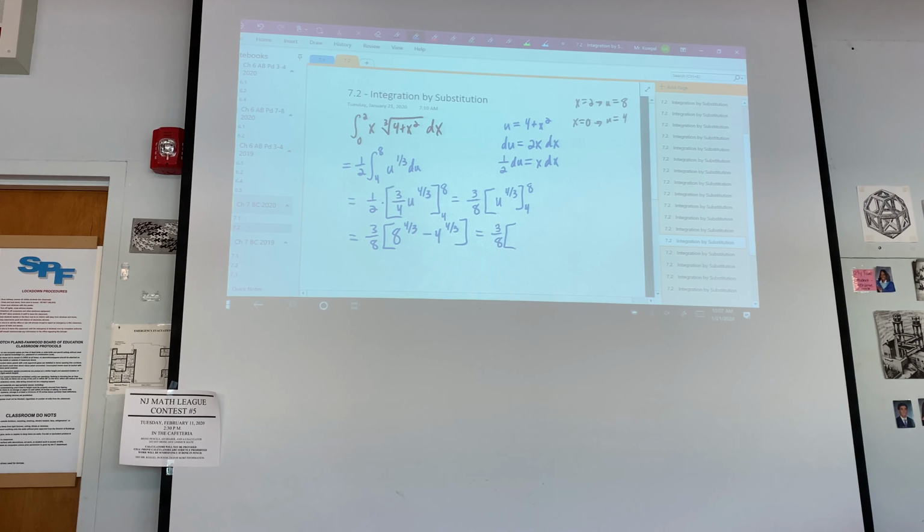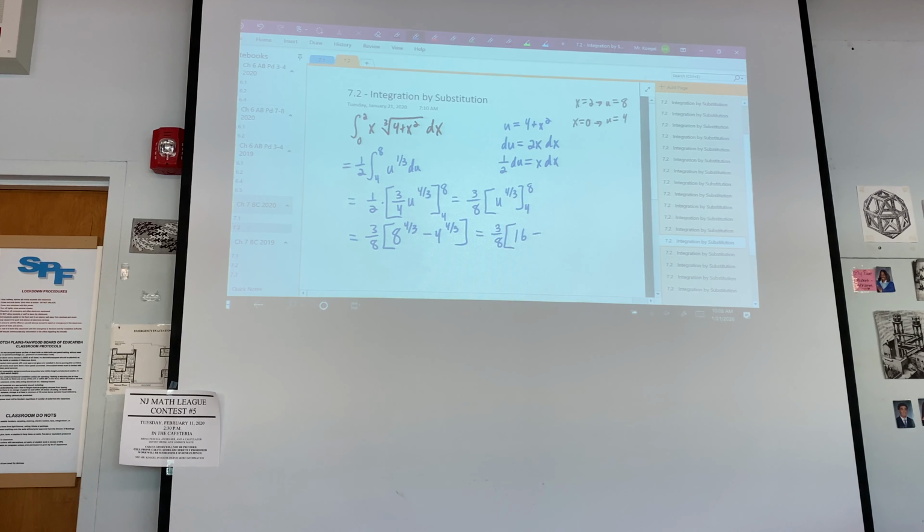What's 8 to the 4/3? Quick. 8 to the 4/3. What's the simplest way to get that 16? Yes. Okay? People think that 8 to the 4/3 means raise 8 to the 4th and then take the cube root. Take the cube root first and then raise it to the 4th.